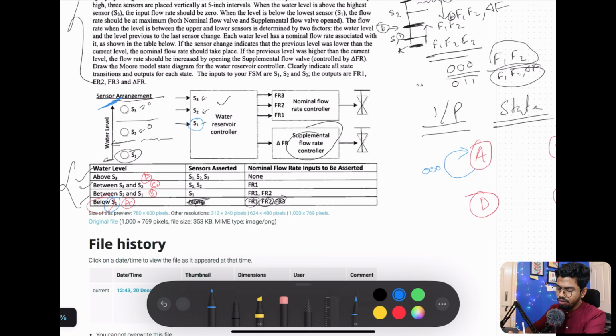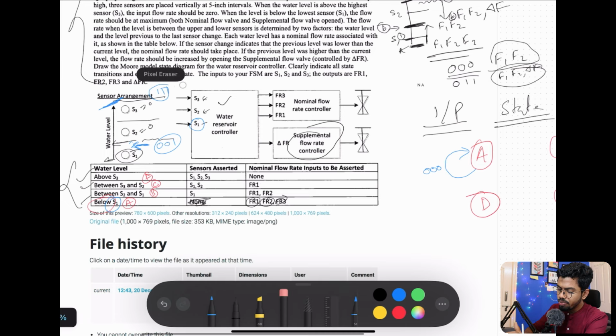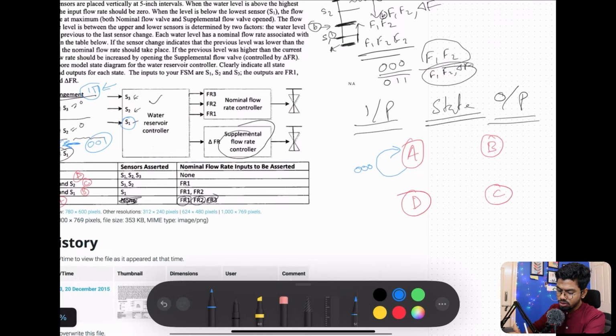But before my water goes there, for sure I'll reach here, right? And reaching here implies I'll get a signal of 0 0 1, because my S1 will get triggered. So I can't escape this and directly get 1 1 1. Therefore I won't consider this a valid input, but this could be a valid input.